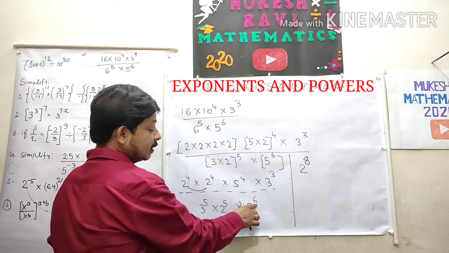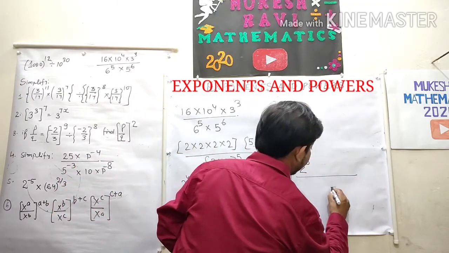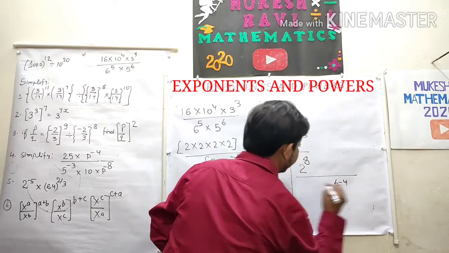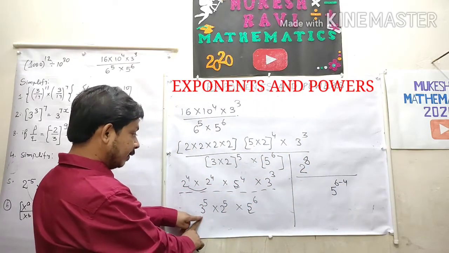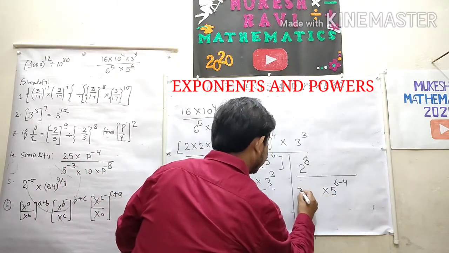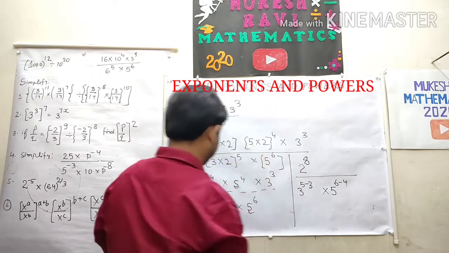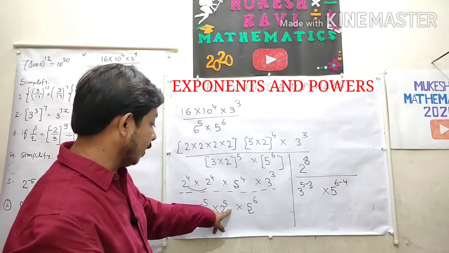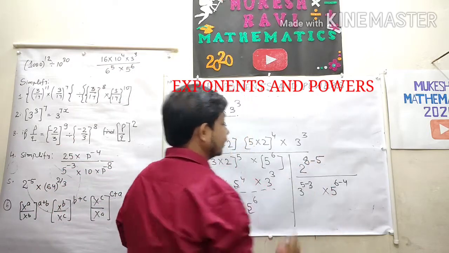Now 5 to the power 6 is more than 4, so we can say 5 to the power 6 minus 4 in the denominator. Now 5 is over. Now 3 to the power 5 and here 3 to the power 3, so we can say 3 to the power 5 minus 3. Then 2 to the power 5 should be in the denominator, that is 8 minus 5.